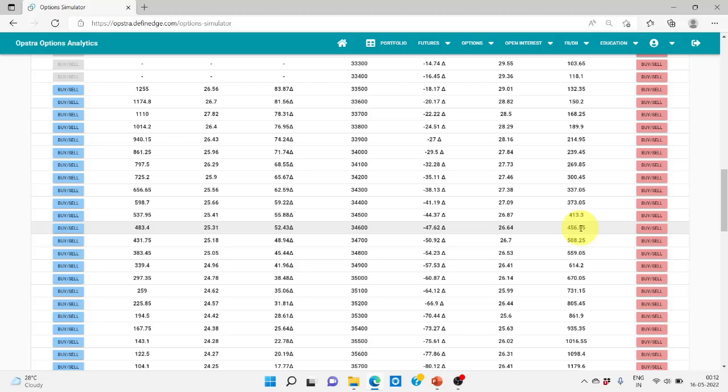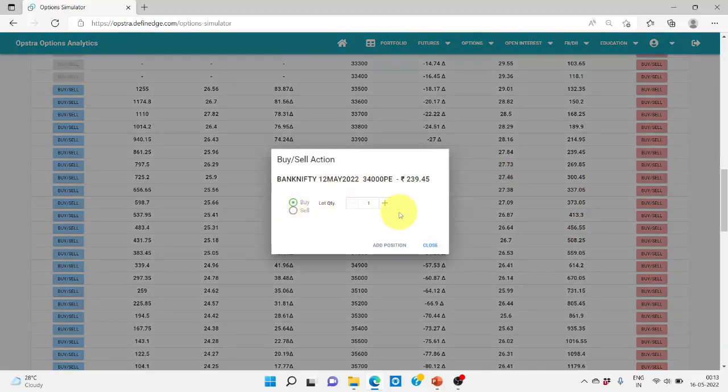We divide it by 2, and we are going to sell 2 times of that. So that is called a 1:2 ratio. So we bought 1 and we are going to sell 2, so that if it goes in the upside, it is not going to disturb you at all, because both these premiums will become 0.